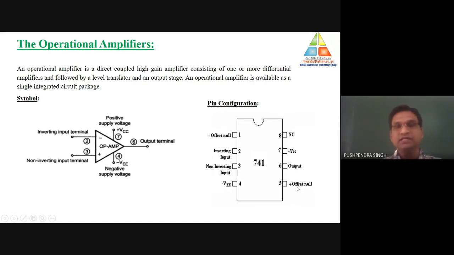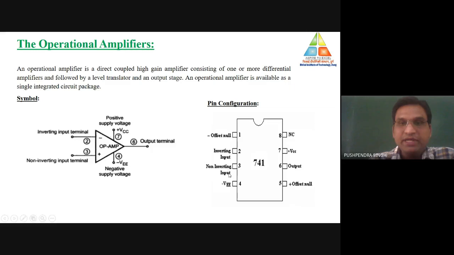Let's suppose there is some error in the output signal; that error can be compensated with the help of pin number 1 and 5. We connect a potentiometer between pin number 1 and 5, and by varying the wiper of that potentiometer, we can easily change the value of the output.